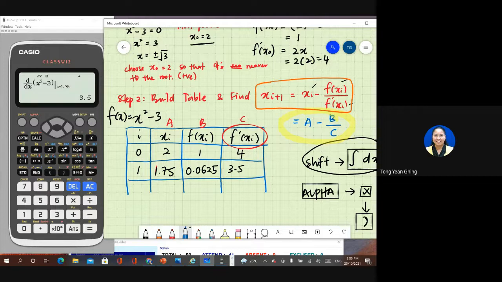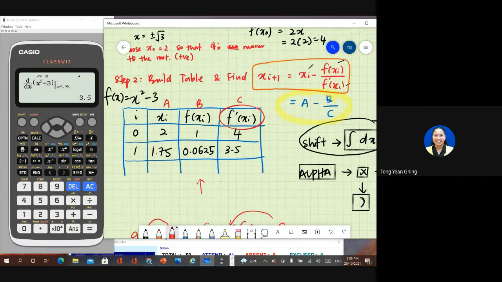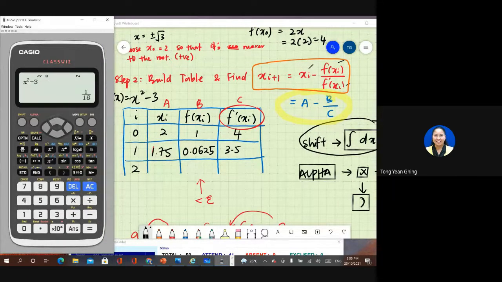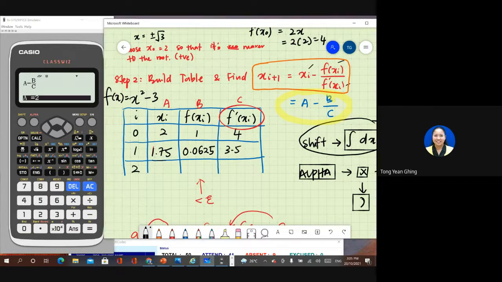Kita tak boleh stop lagi. Kita cuma boleh stop when this one, diff fx is less than epsilon. So now, the next iteration, we go up and find this equation. A minus B over C. So now, tekan calculate. A is 1.75. B is this one, 0.0625. C is this one, 3.5.